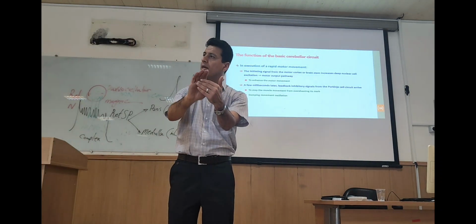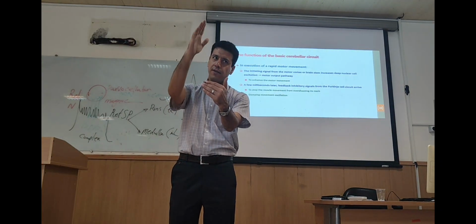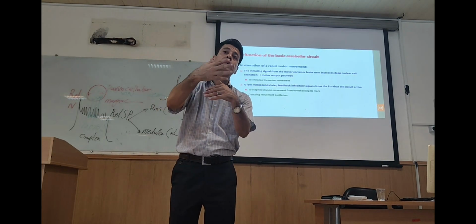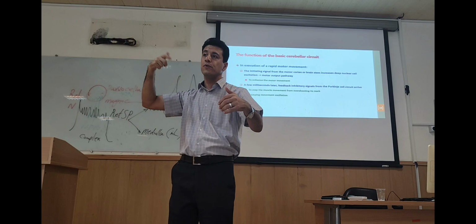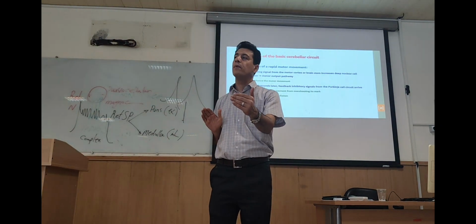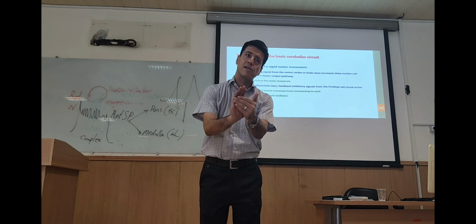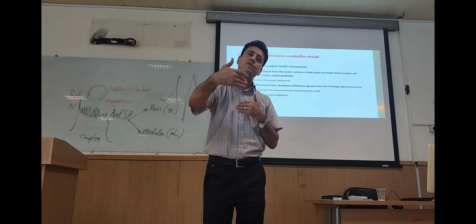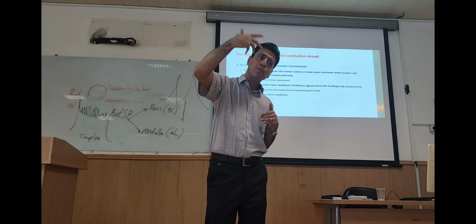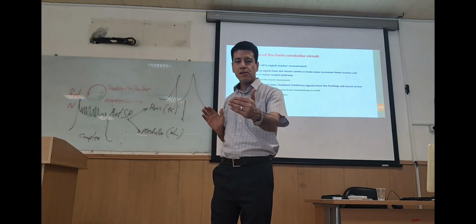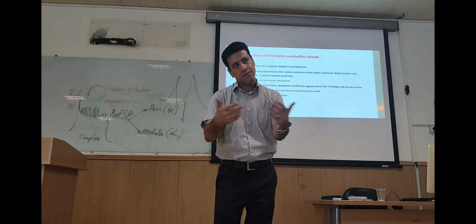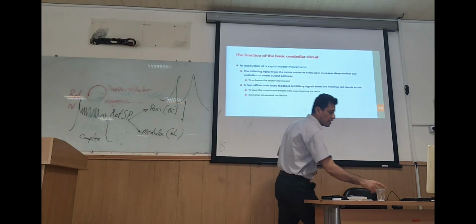At the end of the movement, the Purkinje cell is activated, the deep cerebellar nucleus is suppressed, so the support of the cerebellum is removed. So we can say that at the beginning of a movement, the cerebellum supports the excitation of the cortex. At the end of the movement, the cerebellum inhibits the motor cortex. So this way, it can help the beginning and the end of the movement, right?